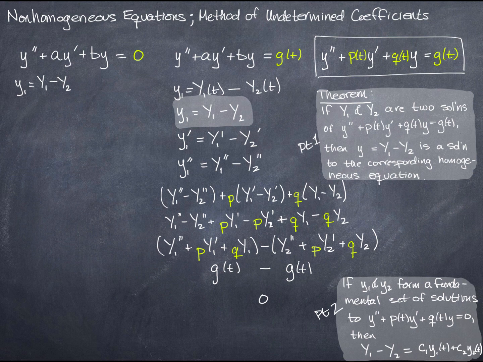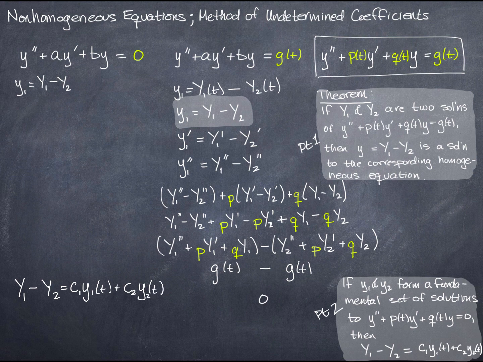And we can take this even one step further. I'm going to rewrite this equation. Big Y1 minus big Y2 is equal to C1 y1 plus C2 y2.